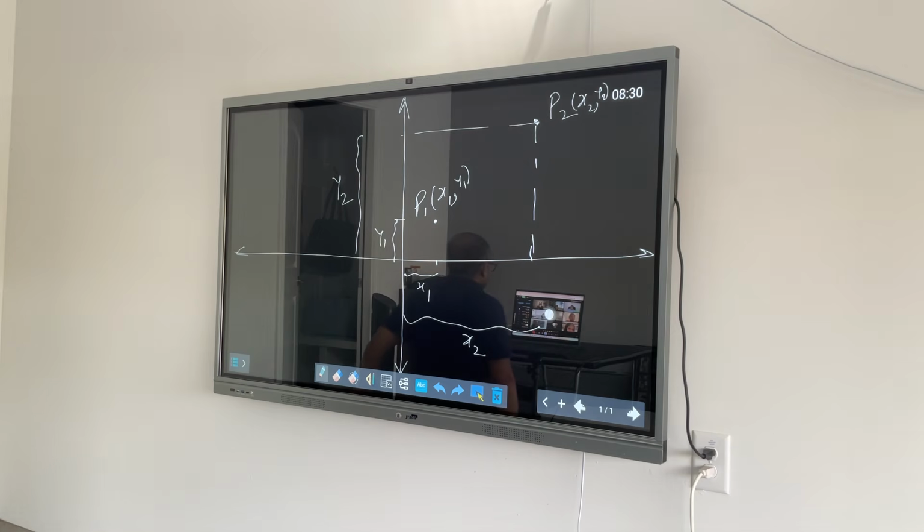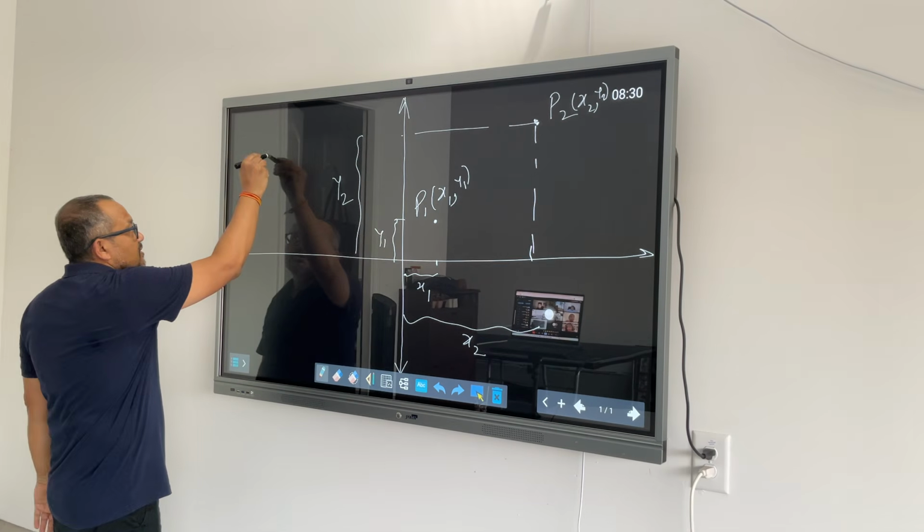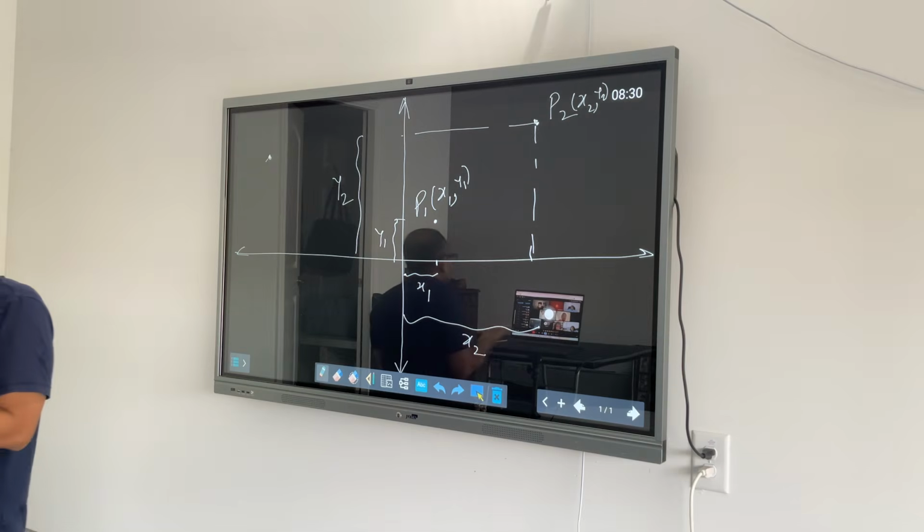Sir, are these the steps for any coordinate plane problem? If the location changes, then we have to do something else? No. So, very simple, Vika. If I have any point, okay, let's say this is my point. I have to know where exactly is the point.